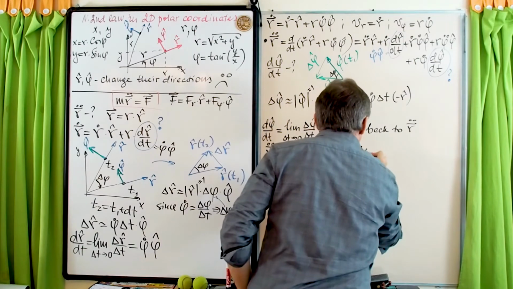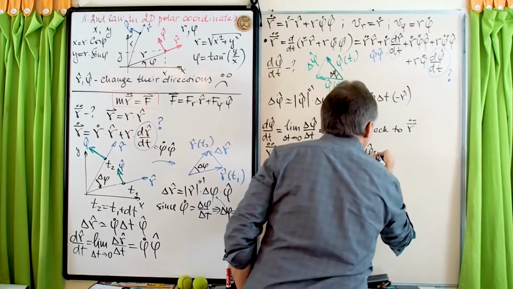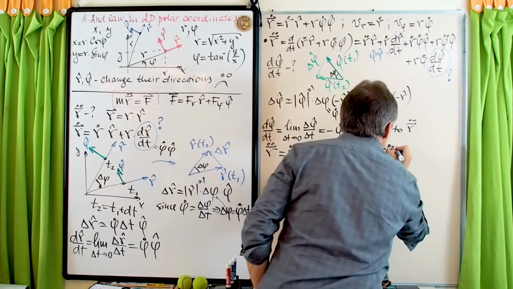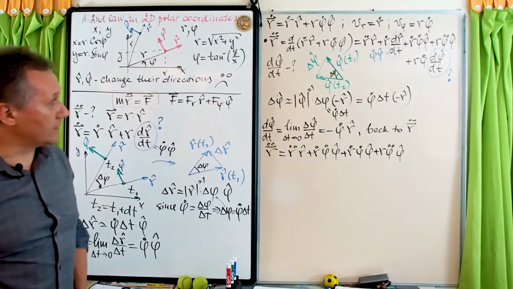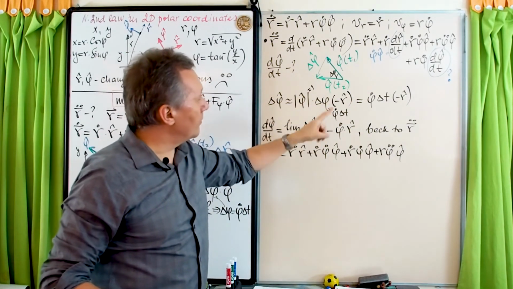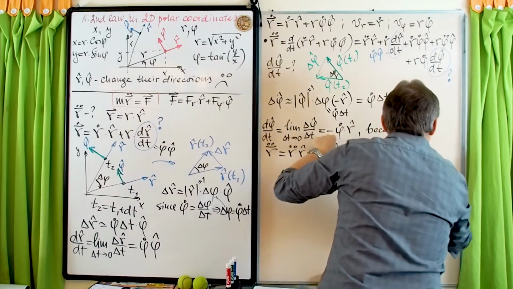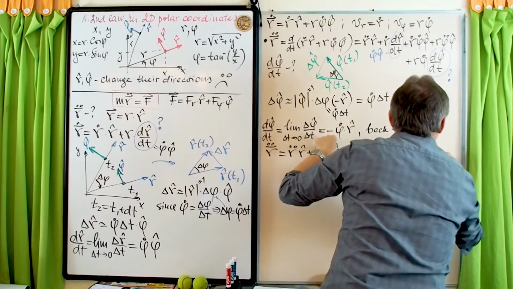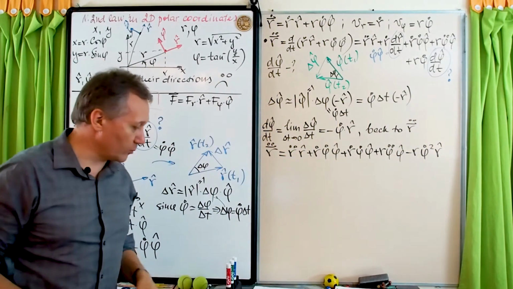R dot phi hat, it's this one, then r phi double dot phi hat, and now they will be with minus, so it will be r phi dot squared, minus r phi dot squared r hat. Whew. Now let's combine them. But now it's time to make them look nice.